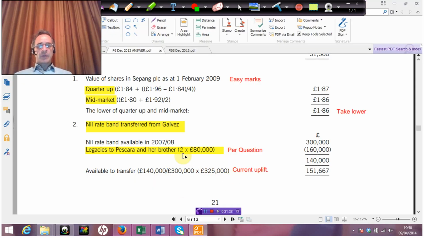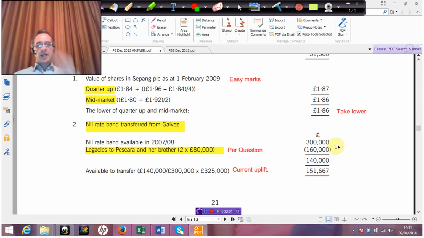In effect, what we've got is a situation where we're at Galvez's death estate. So we're at the time that he died, which was in 2007, 2008. So forget about everybody else's estate. Let's just concentrate on his. What he said in his will is, I give 2 lots of 80,000 pounds to my daughter and son. That's it.